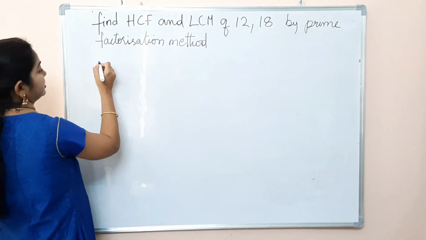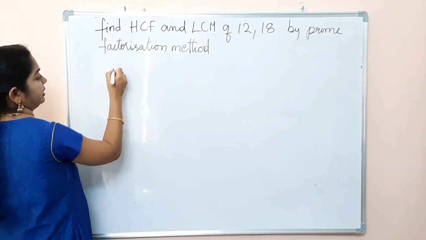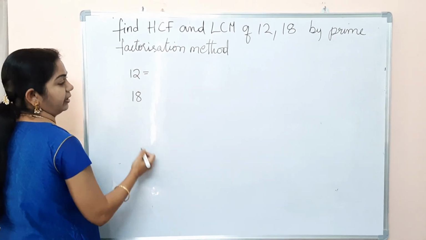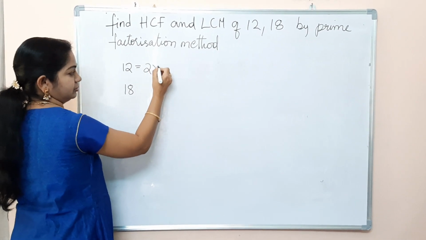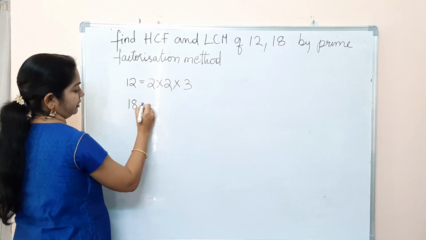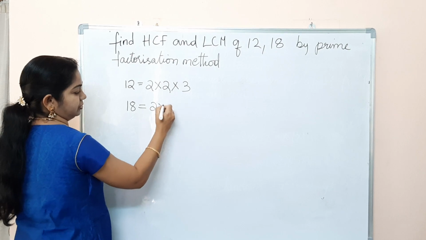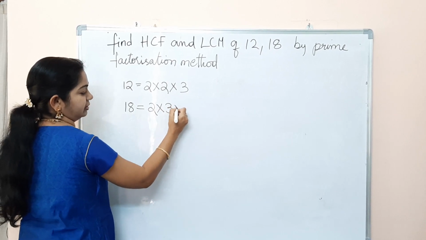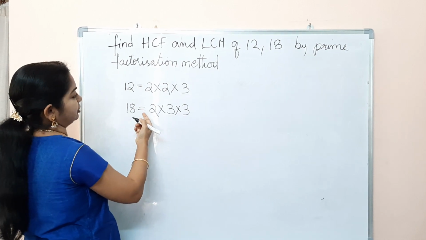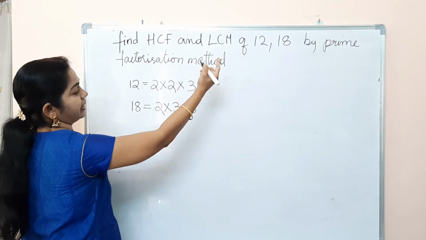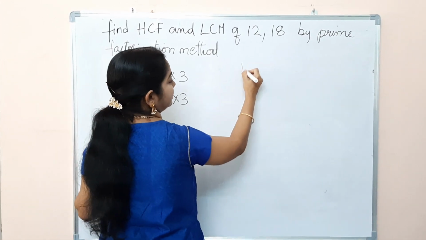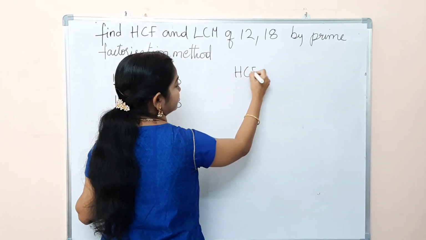First, let us write down the factors of 12 and 18. 12: 2 twos are 4, into 3, 12. Factors of 18: 2 nines are 18, so 3, so 3. These are the factors of 12 and 18. By the prime factorization method, we have to find out the HCF and LCM.